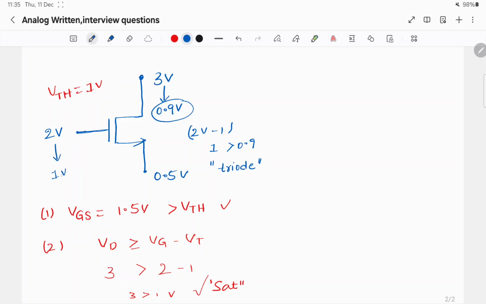If it goes below 1 volt, it will be in triode region. So here it goes to 0.9 volts, so it is in triode region.